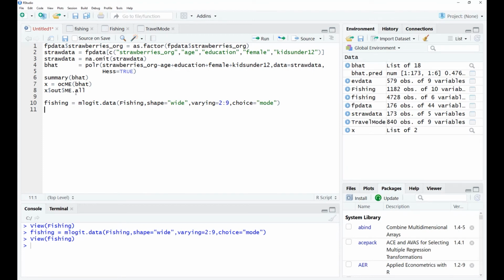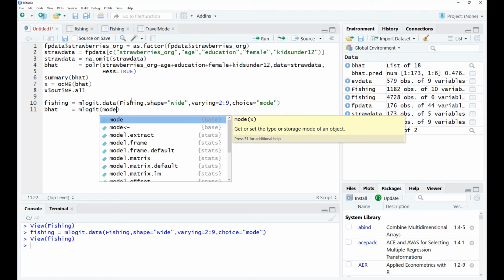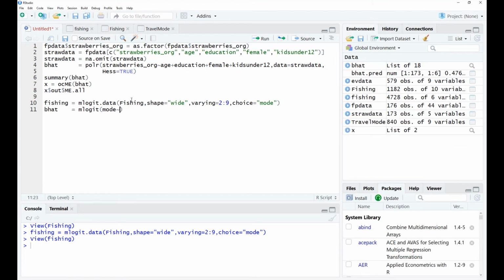Now, to estimate the model, let us do a very simple model for now, and let us just look at the individual specific variable income and how this actually determines the choice or the mode of fishing. So we type in mlogit, parentheses open, the choice variable or the dependent variable is mode, tilde, and now this becomes important.